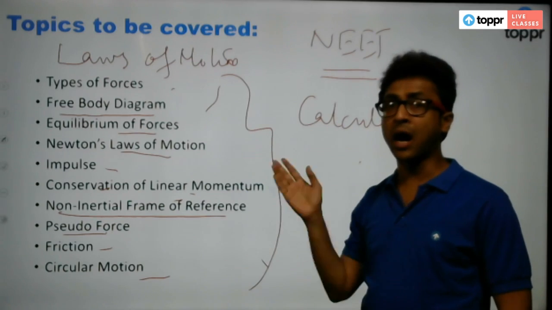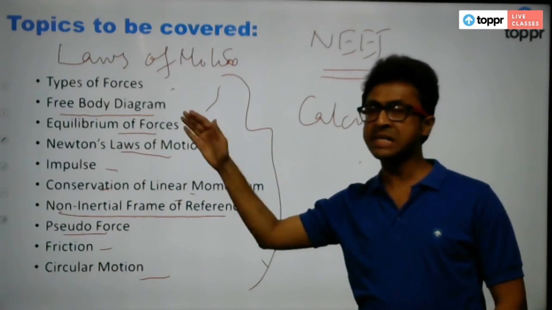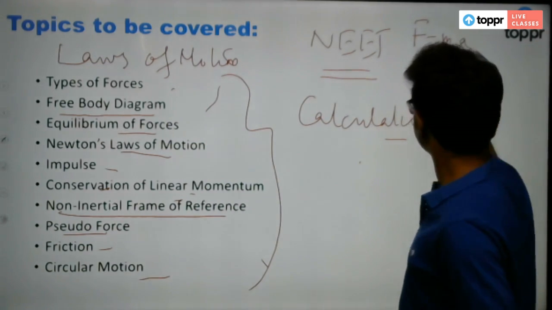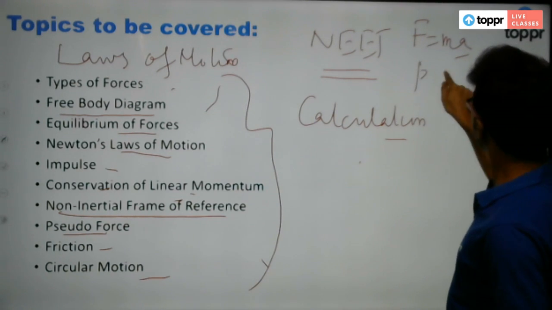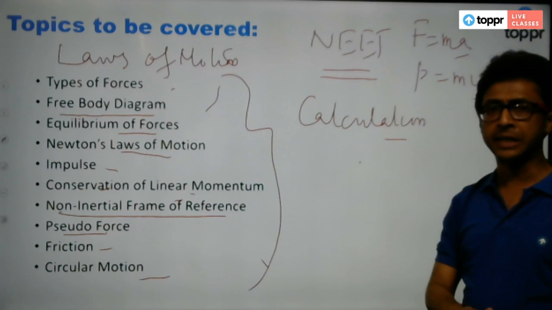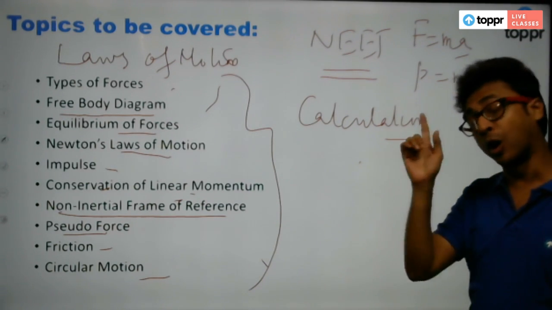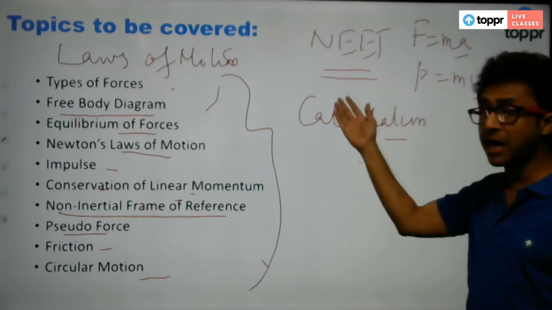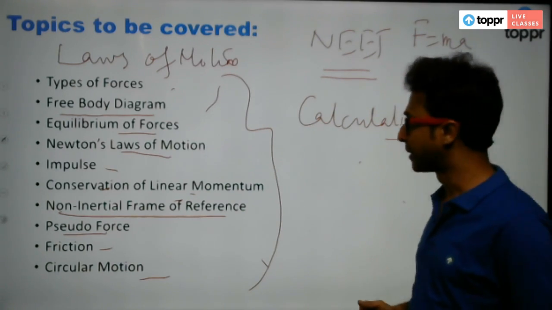Mostly the formulas are F equals ma, force equals mass into acceleration, the definition of momentum equals m into v, and also we use mostly all the formulas of kinematics. Kinematics के जितने भी formula हम लोग सीखे हैं, we utilize all those formulas in this. Okay, let's start with our problems.